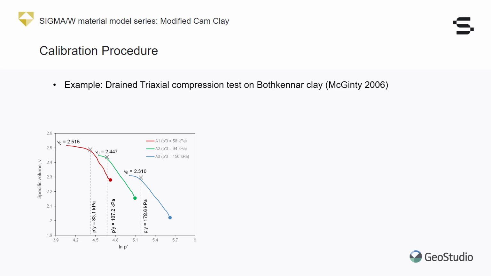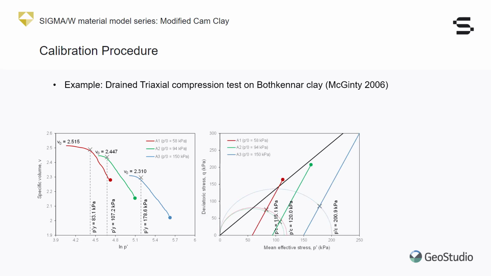The values of P'(y) for tests A1, A2, and A3 are about 83, 107, and 179 kPa, respectively. According to these yield pressures, 3 yield surfaces are drawn, and the isotropic preconsolidation pressures for the 3 samples have been estimated as 115, 120, and 201 kPa, respectively.